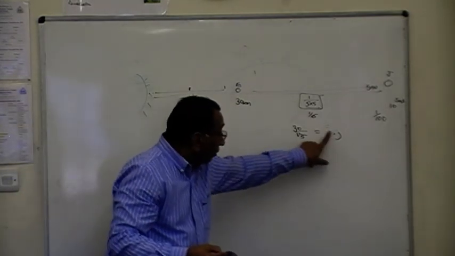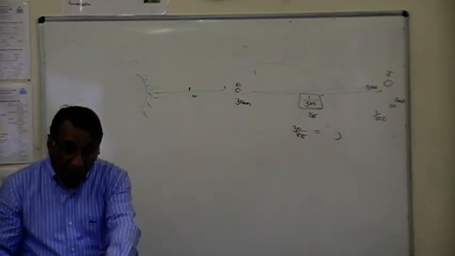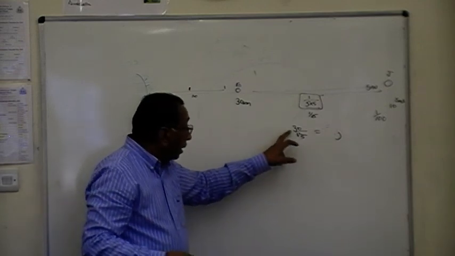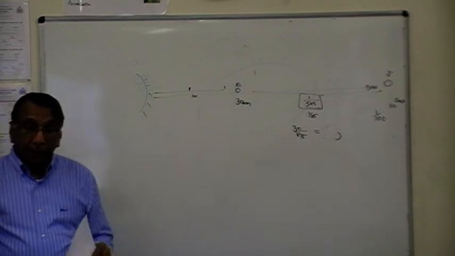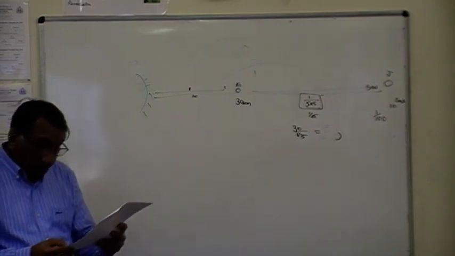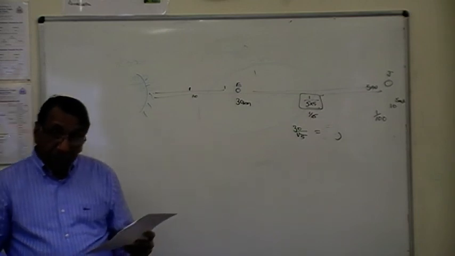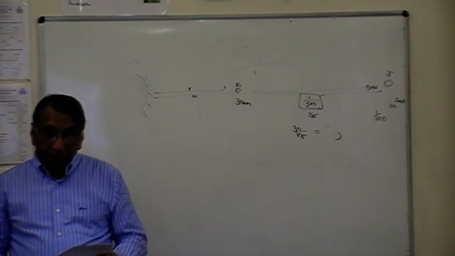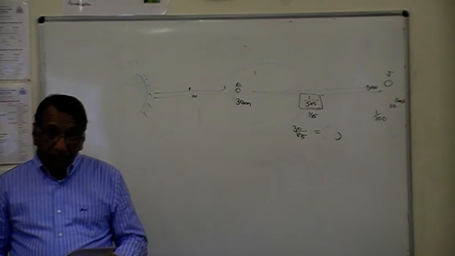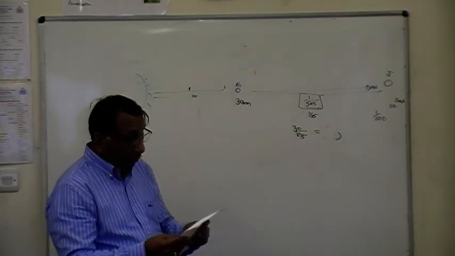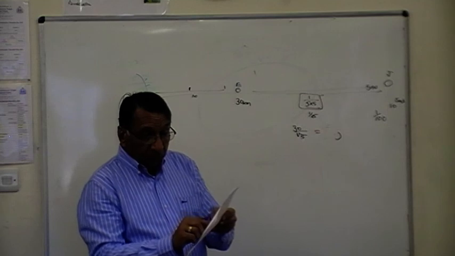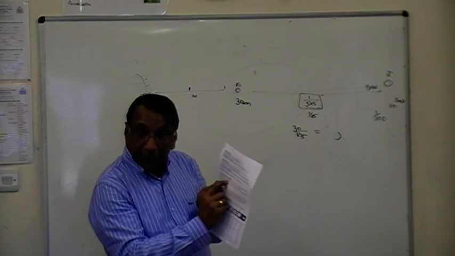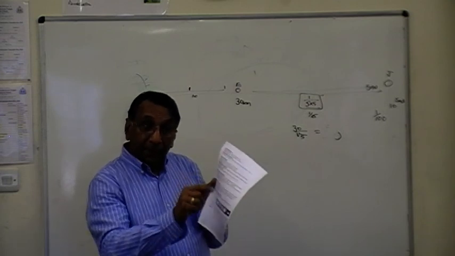Square root of 5 is equal to 2.2, 2.24 or something, 2.25 I think. It's given already there. Here I have a print mistake. I have multiplied it, but it's not multiplication. Reduced by means divide by.